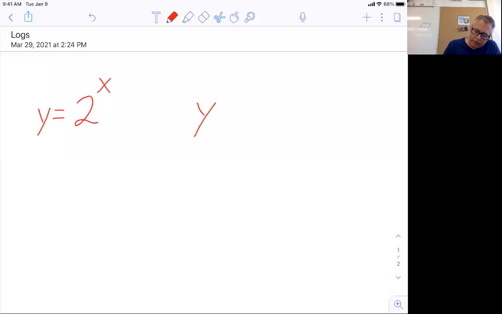So the inverse of that would actually be y equals log base 2 of x. And that's how we would write it and how we would speak it. When it's written, this stuff is all written the same size and on one line. This too is a subscript, so it's written smaller and it's below the other line, okay?